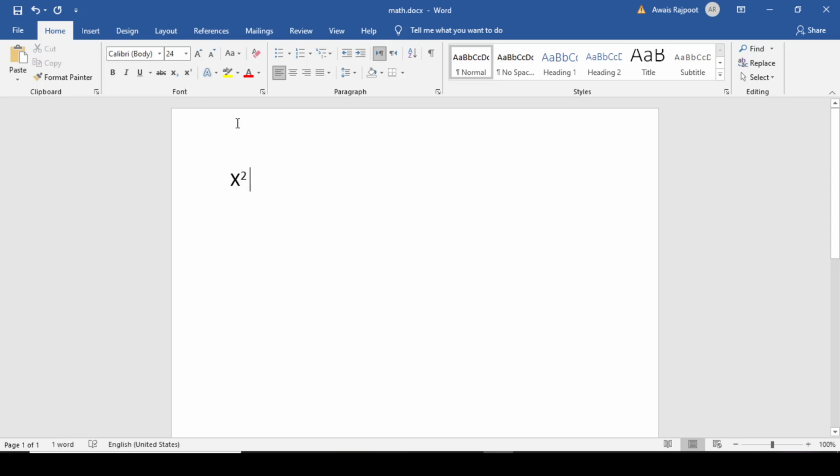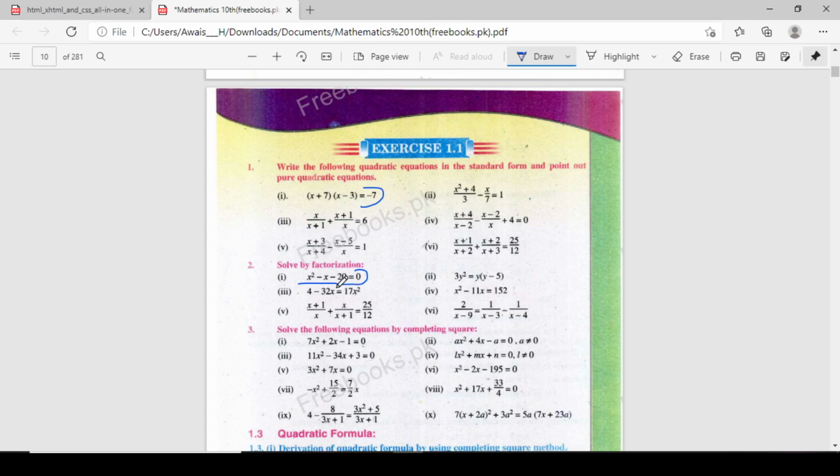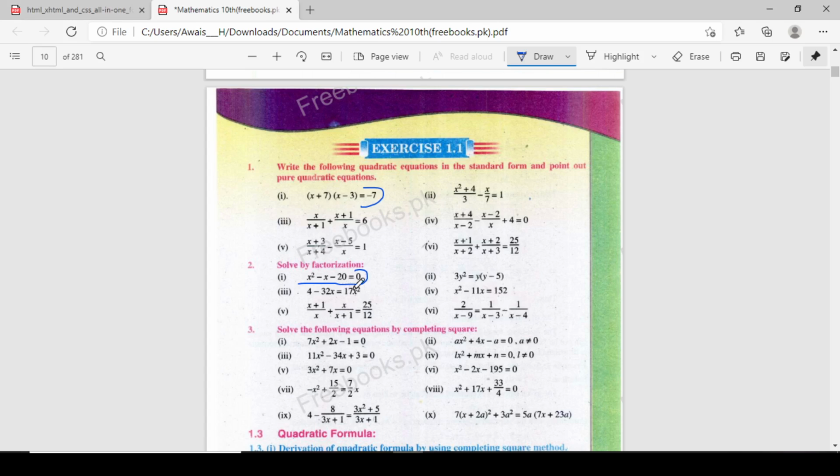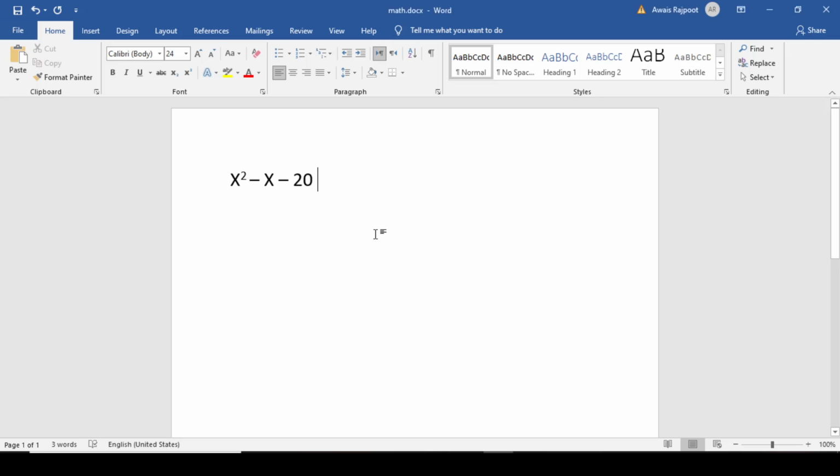So x square minus x minus 20 is equal to 0. So it's time to solve this question.